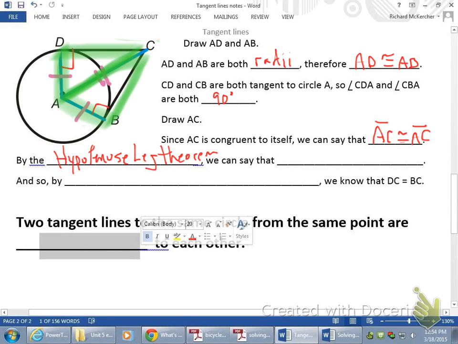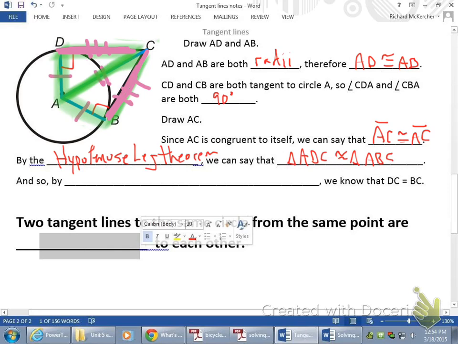So we can say that triangle ADC is congruent to triangle ABC. And because I have two triangles that are congruent, I now recognize that DC and BC must also be congruent.